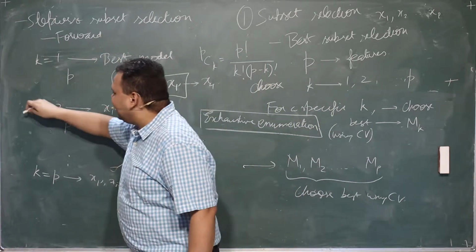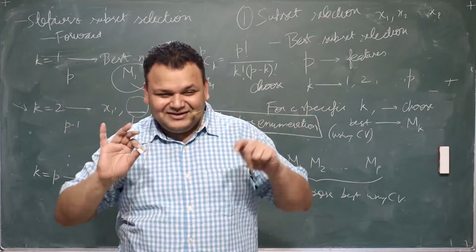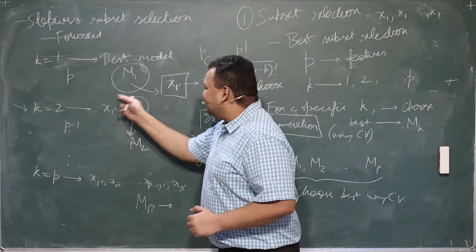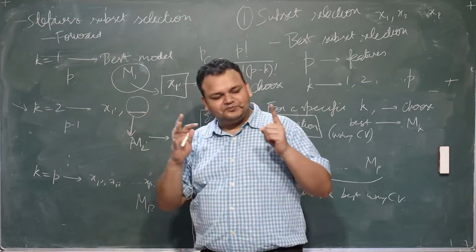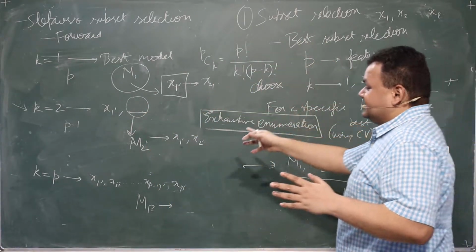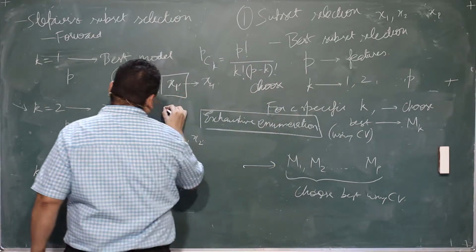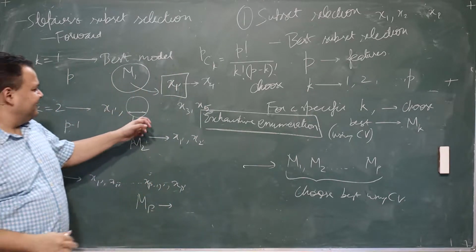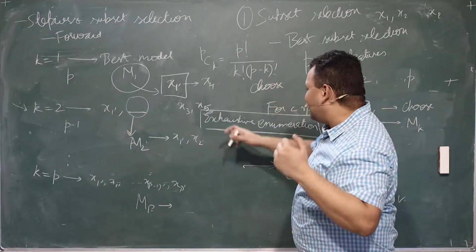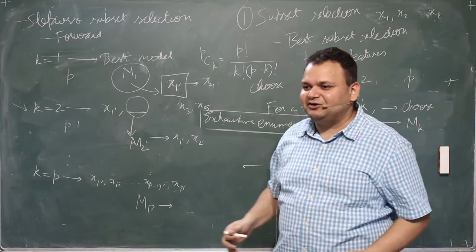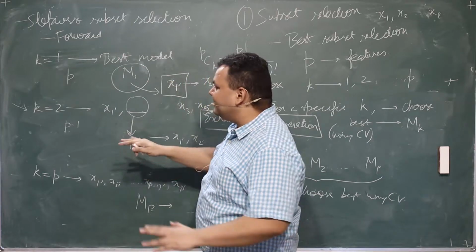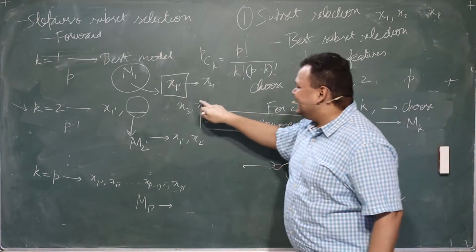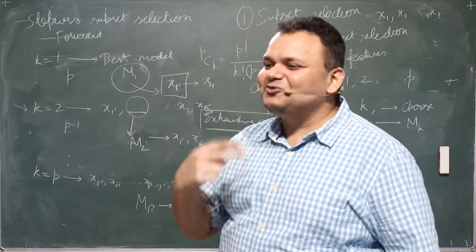But let us say we started with k is equal to 2, not from k is equal to 1, and we found out, using cross validation, that predictors x3 and x5 give me the best accuracy. Best subset selection gives me that x3 and x5 are giving me the best accuracy among two predictors.